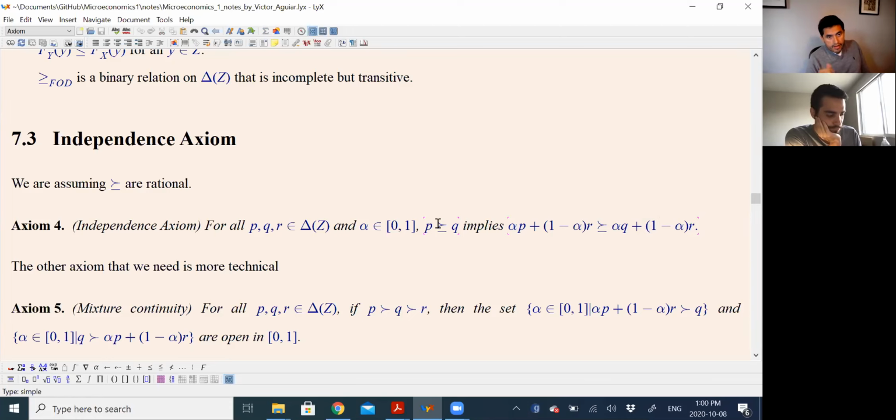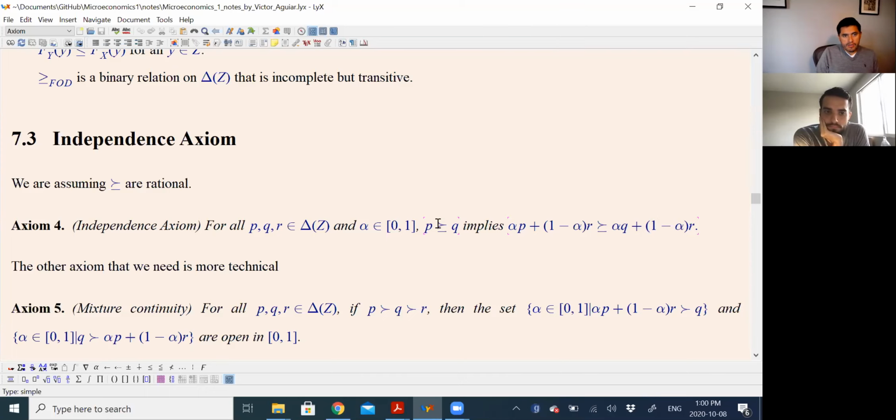So this works for any triple. In particular, this axiom is very strong because this is telling you that you have this independence between the different probabilities. So this is the perfect substitutes property. So everyone understands the axiom.